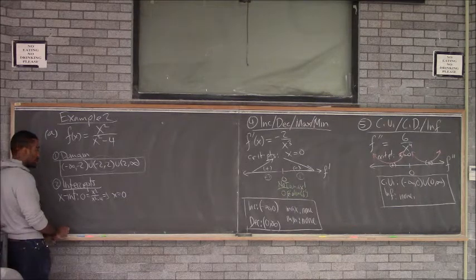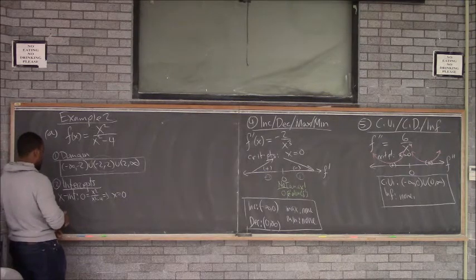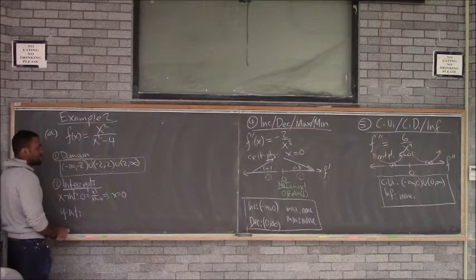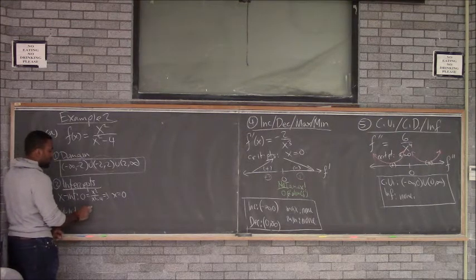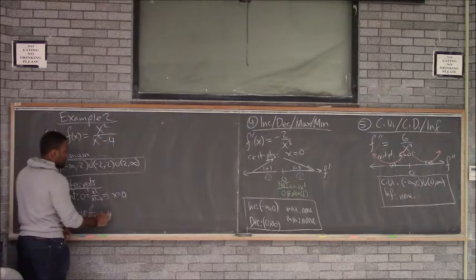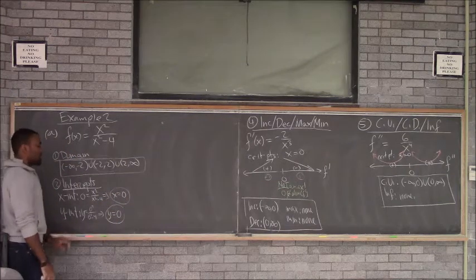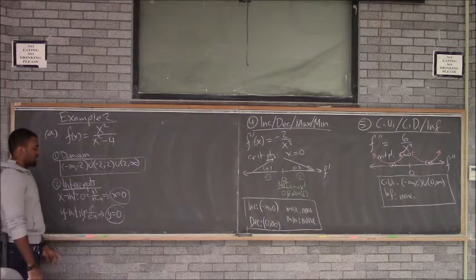When x squared equals 0, the fraction is 0. Y-intercept. Well, this means you set x equals 0, solve for y. So your y is going to be 0 squared over 0 squared minus 4. So that means y equals 0. These are your x and y intercepts respectively. Therefore, your x and y intercepts are the origin.